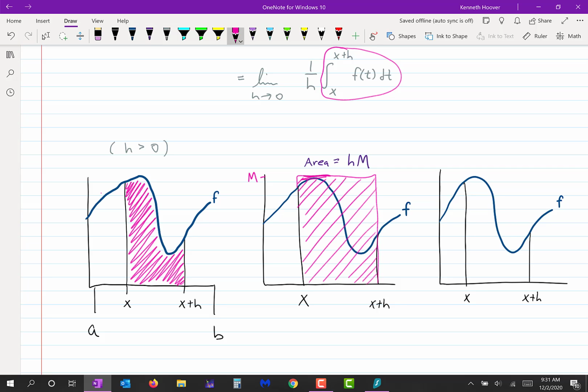Okay, let's look at the minimum of little f between x and x plus h. Let's call that lowercase m. And let's look at this rectangle. What would that area be?